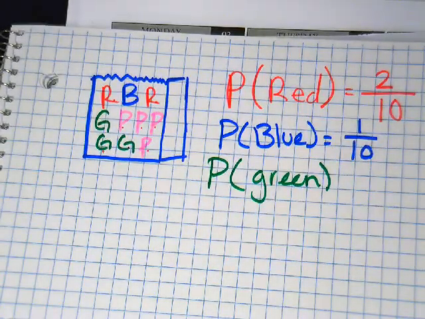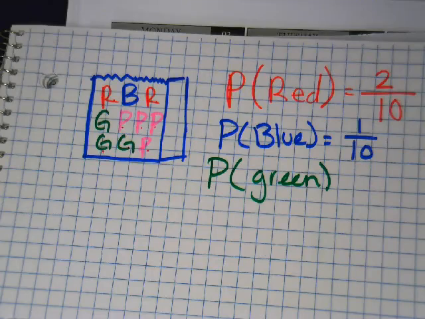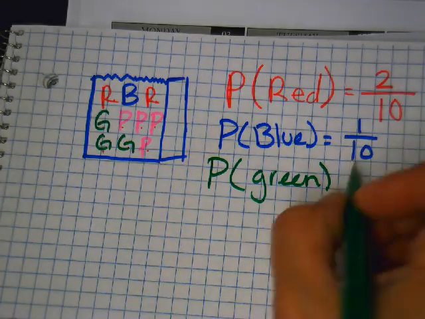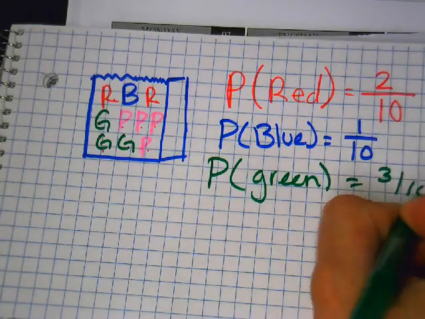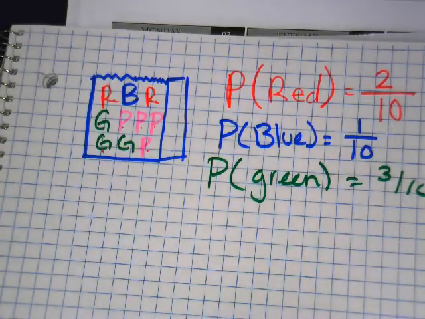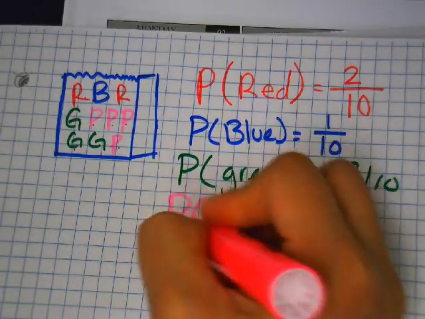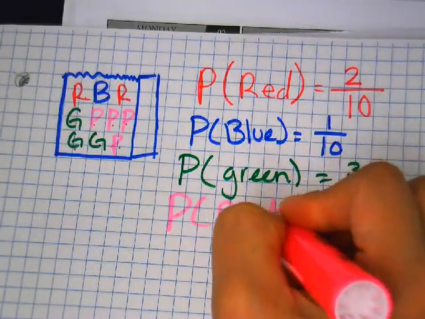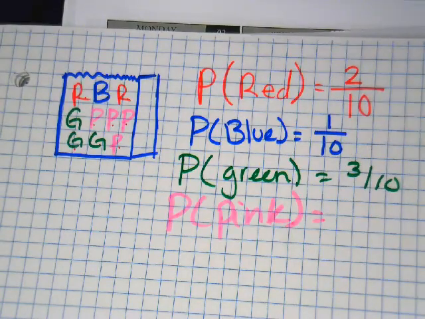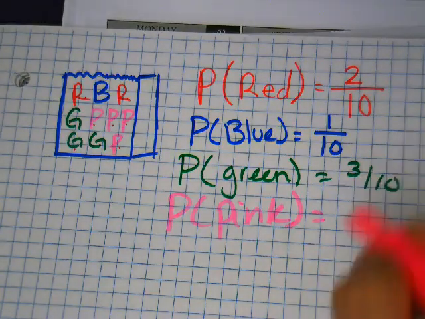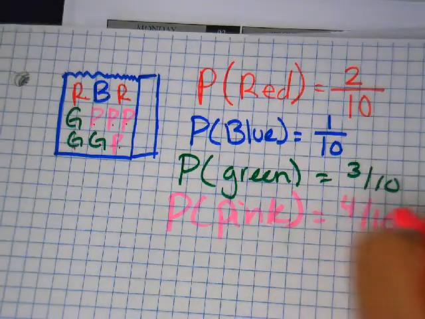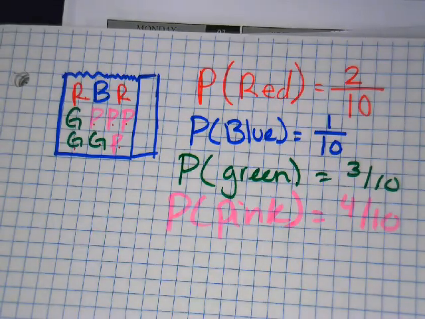Give them that. 3 out of 10. All right. Why are we writing that down? 3 out of 10. Okay, what's the last one I'm going to ask you? Purple and pink. All right, probability of pink. 4 out of 10. All right, Tiffany, I know you don't have this one. Are we good on this?